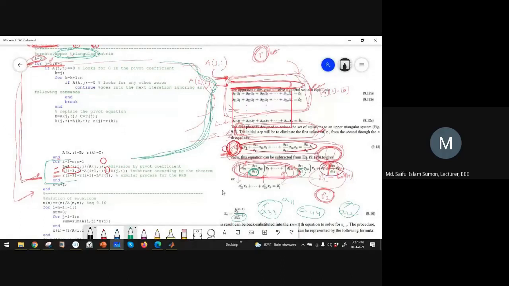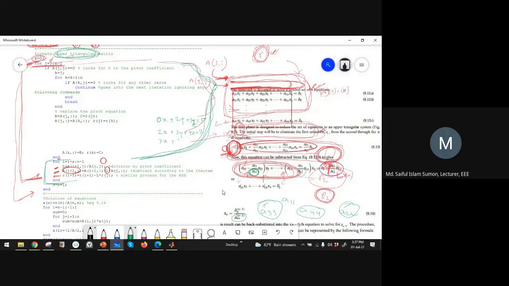Suppose in the first equation I get something like this, this is A11: 0x plus 2y plus 3z is equal to 5. Then suppose 2x plus 3y plus 4z is equal to 7.